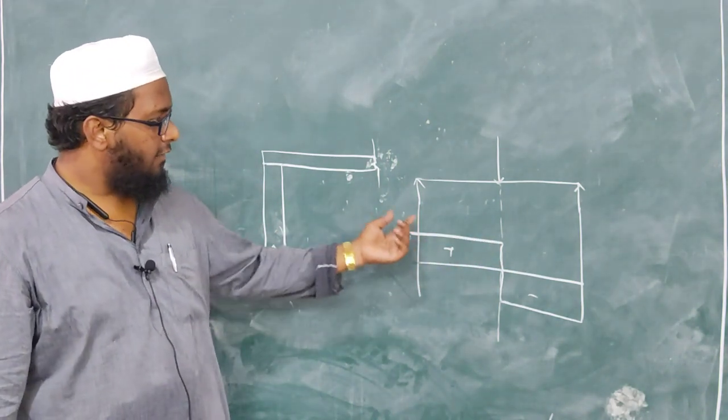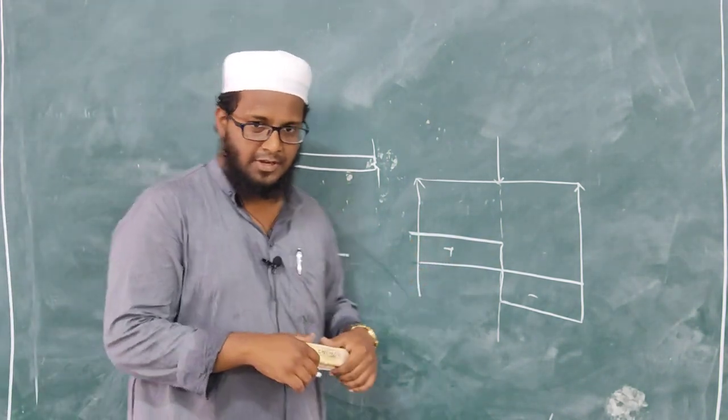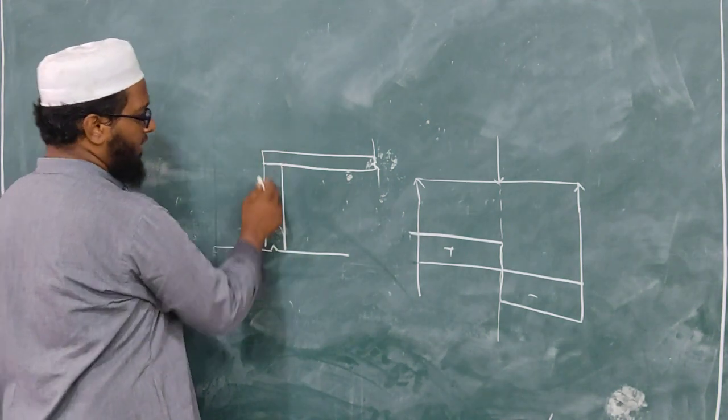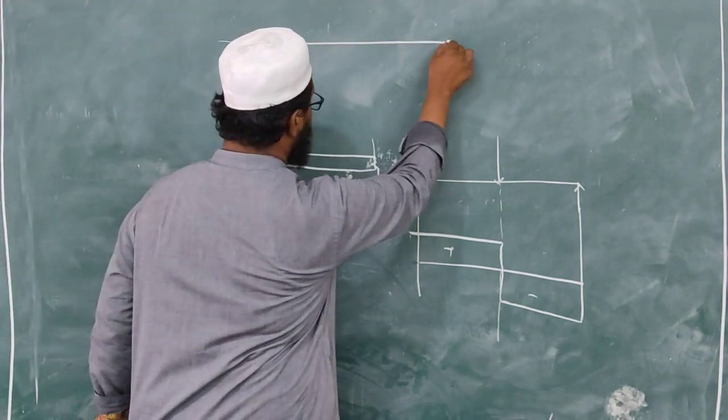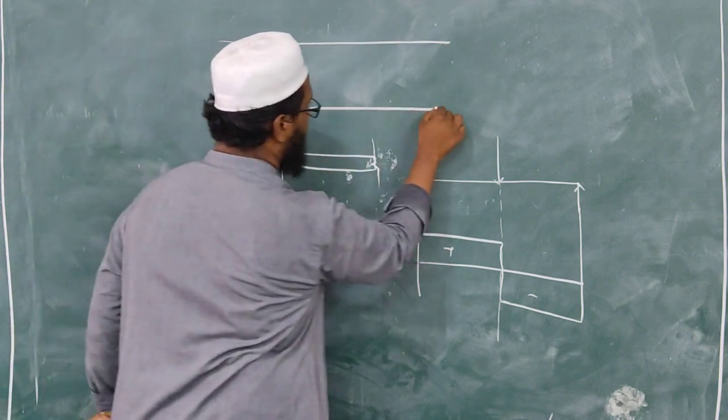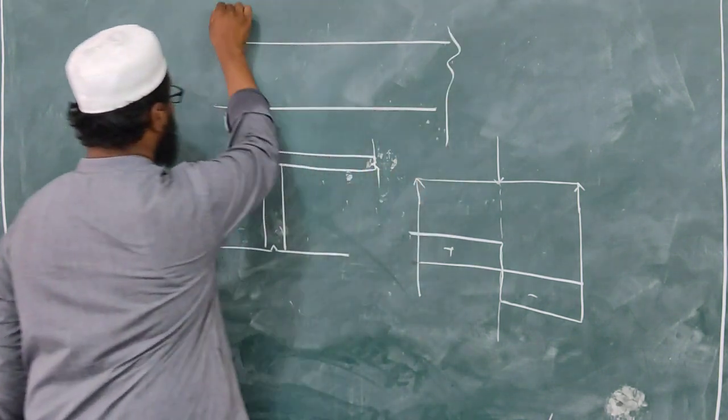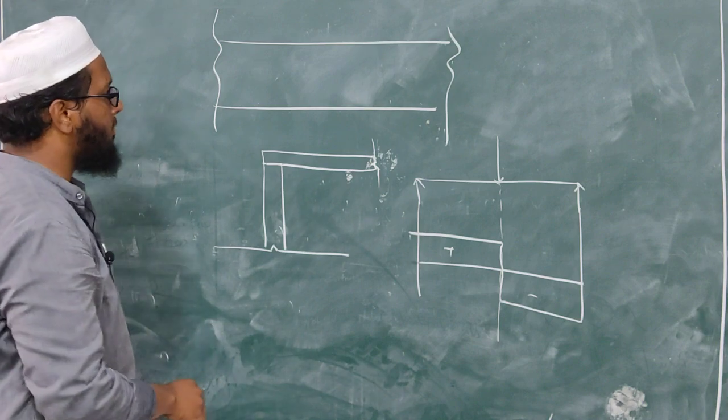That is why, in case of our beams, this is our beam. I'll draw a big section here of a beam. What will happen to the beam?